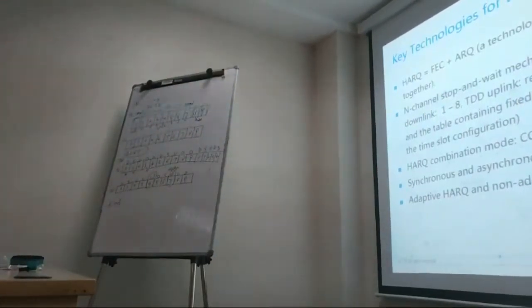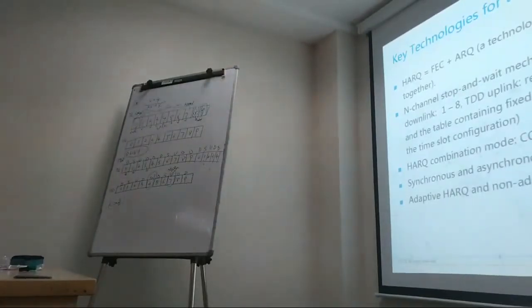And for different configurations, the RTT timer is different. So TDD is more complex than FDD, but actually the principle is the same. I just need to feedback in an uplink or downlink subframe.